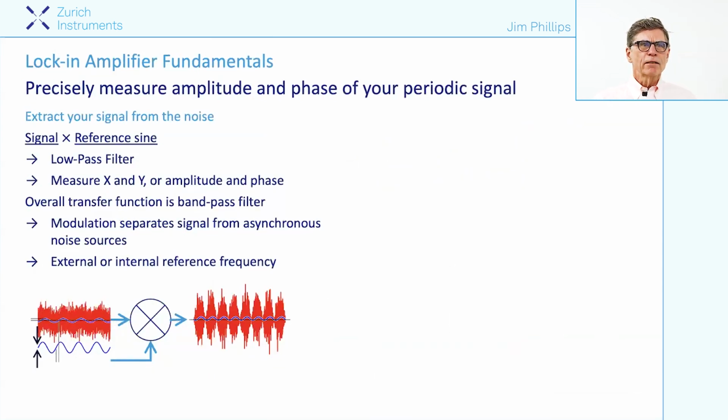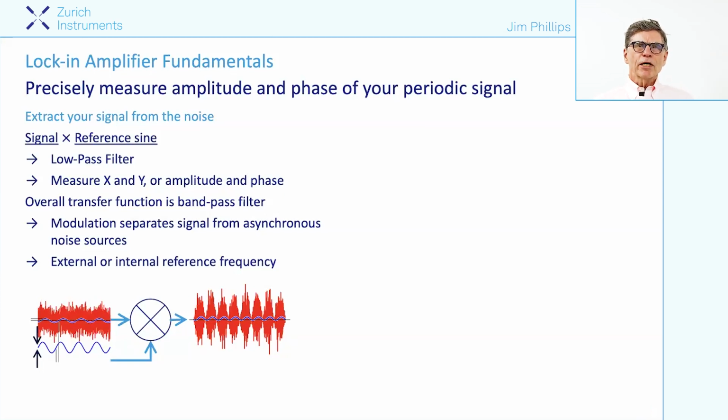How does it separate that signal? We have this tiny blue signal in the left-hand red noisy signal, which is the signal we want to detect, and we need to measure its amplitude and its phase. We have with us the larger blue signal at the same frequency. That's our reference signal.